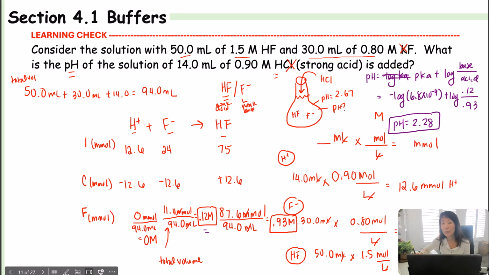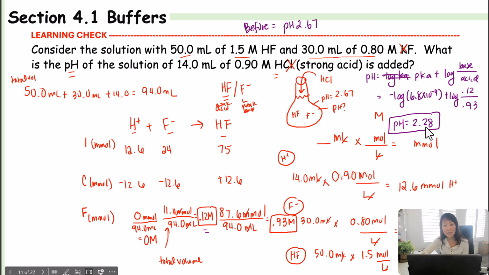If you recall from the very first learning check in part 1 of the video, when we had just the buffer before the strong acid had been added, before anything had been added, the buffer system had a pH of 2.67. Now we added the strong acid, and it has dropped to 2.28.